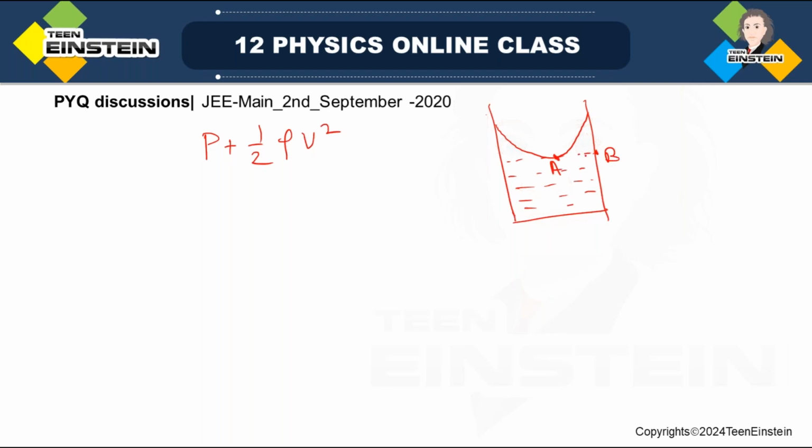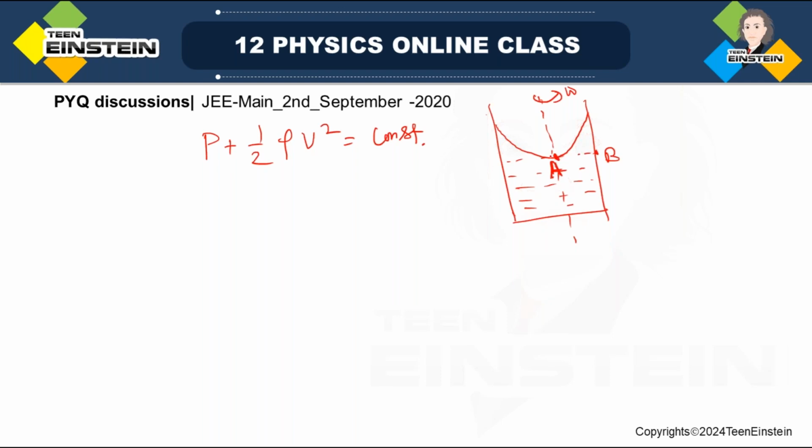At the edge, what is happening? If my axis of rotation goes like this, at this position speed is less, so this should be constant. So pressure must be greater here, where speed is 0.